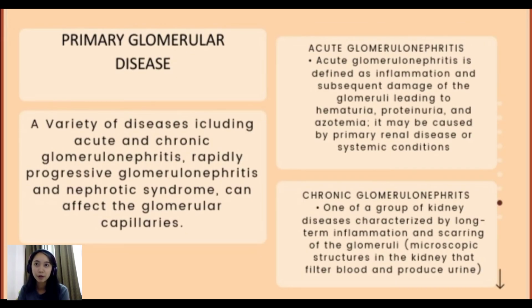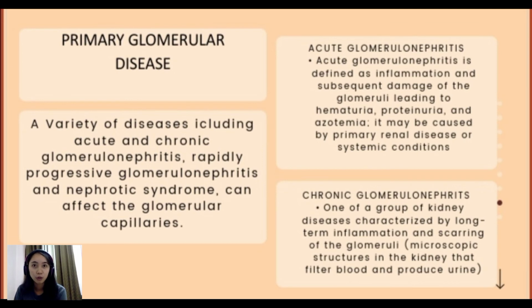Next is the primary glomerular disease. A variety of diseases including acute and chronic glomerulonephritis, rapidly progressive glomerulonephritis, and nephrotic syndrome can affect the glomerular capillaries.